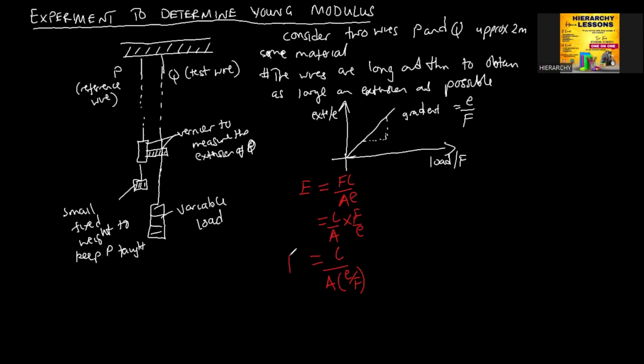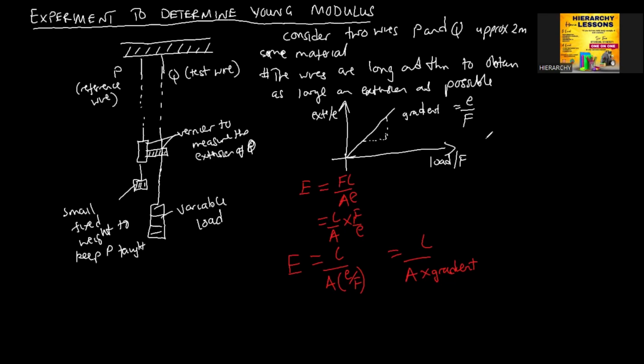So the Young modulus is given by L over A times the gradient of the extension load graph.